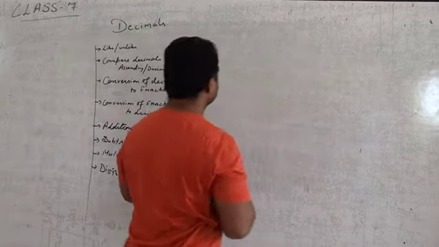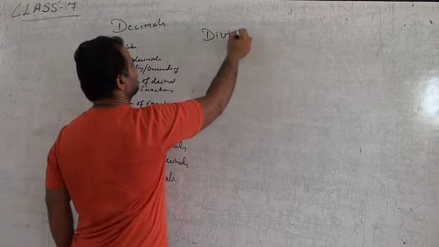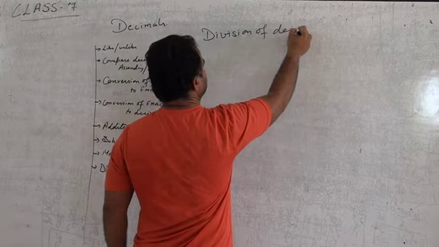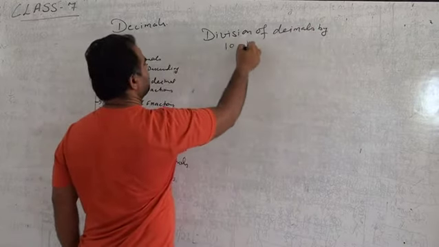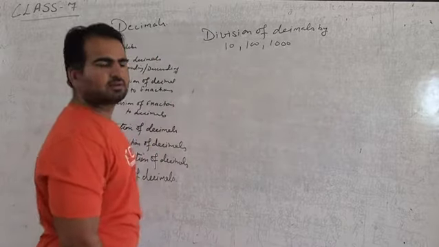Division of decimals by 10, 100, 1000. Okay.